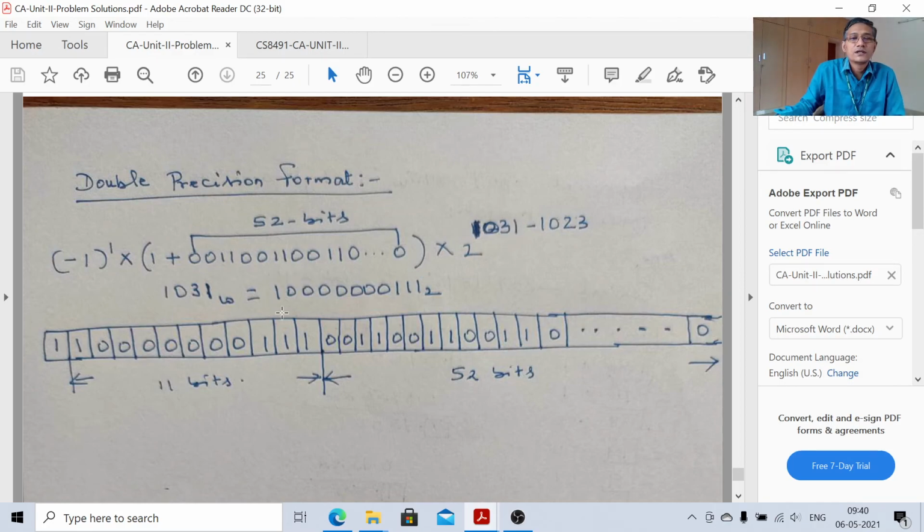The value is 1 followed by 7 zeros and triple 1, and we substitute that in the 11-bit exponent field. 1 is for the sign bit, and the remaining are the fraction field, and we extend zeros after this so that the entire fraction field is represented in 52 bits. So this is the double precision format for the given problem. Thank you.